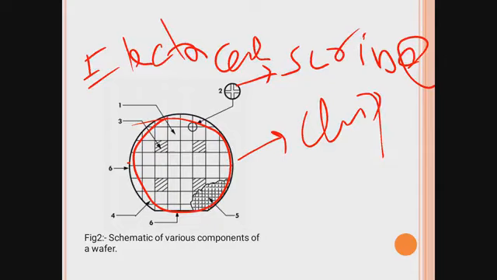These incomplete corner dies are basically used for process control, and we can also use them for testing purposes.